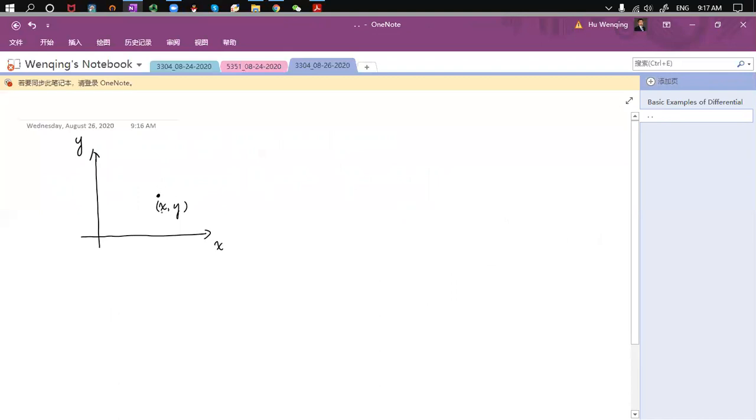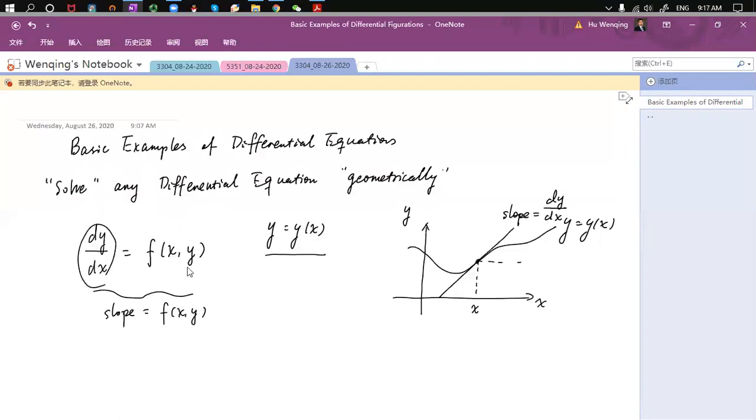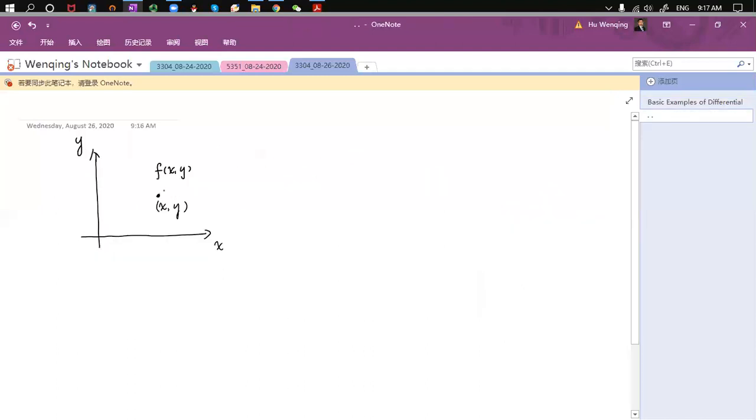Once you know x and y, you're able to calculate f(x,y) because f is a given function. Regarding this f(x,y), we can draw an arrow that points in the right direction with the given slope. So the slope of this arrow is f(x,y), a given slope.